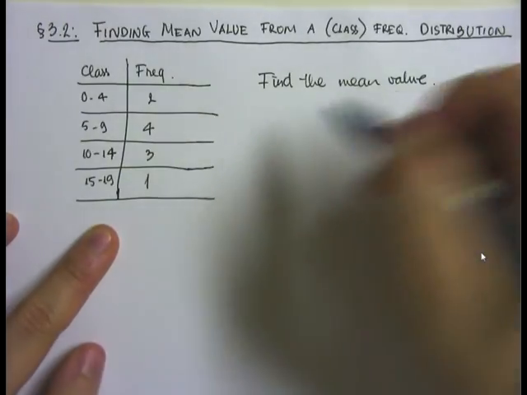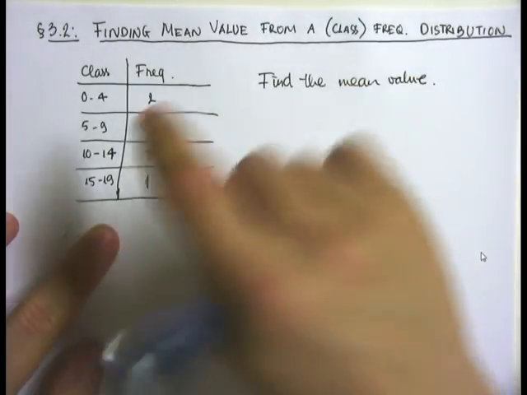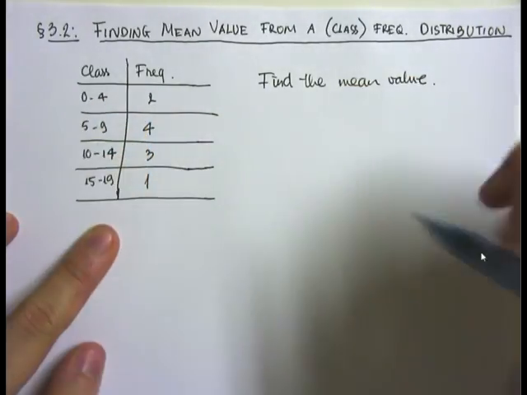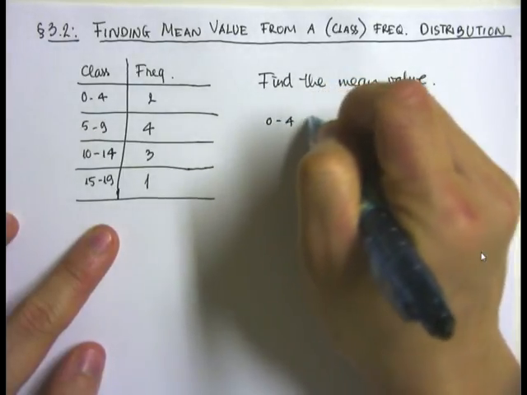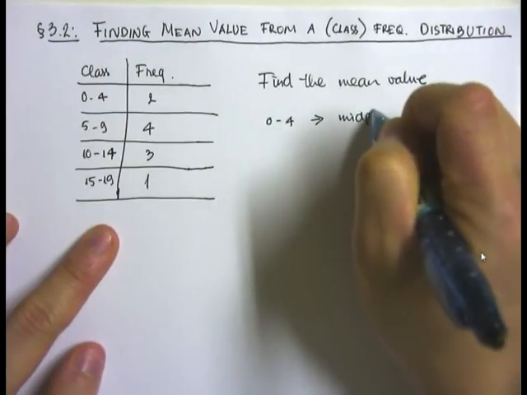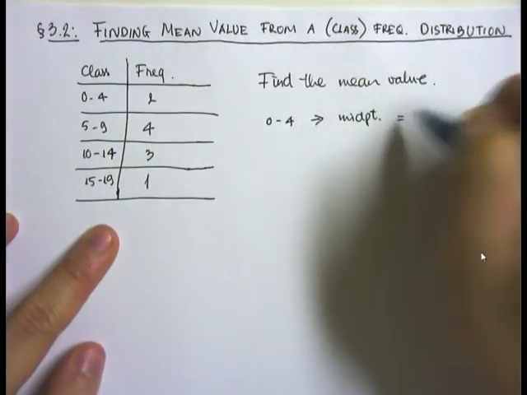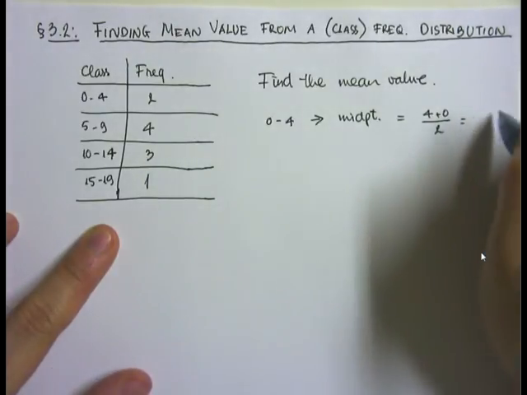So here, the way to find the mean value is that you need to find the midpoint of each class. For the first class from 0 to 4, the midpoint is equal to 4 plus 0 divided by 2, and that gives me 2.